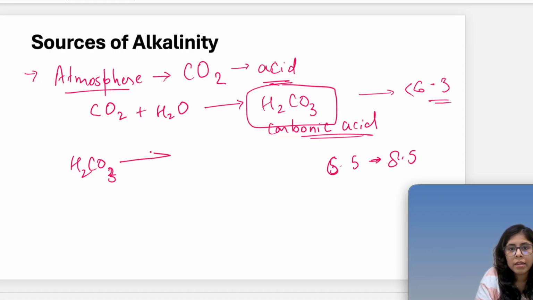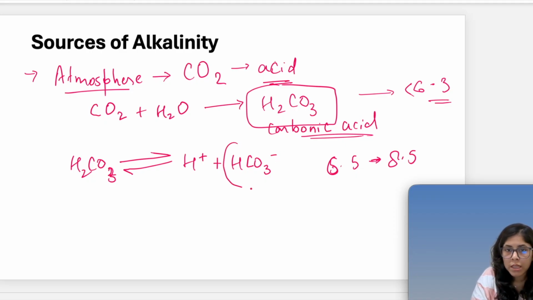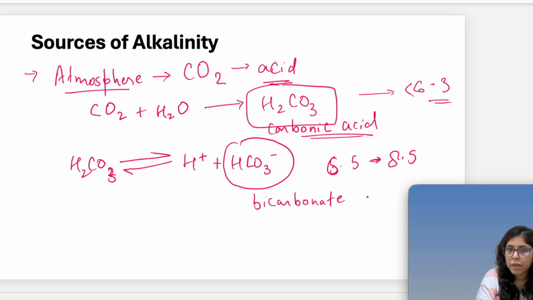It gets converted to H plus and HCO3 minus. Now you see there is a negative ion, it will create alkalinity. We call it the bicarbonate ion. It will create alkalinity. Alkalinity is always created by a negative ion. Acid is always created by a positive H plus ion basically.